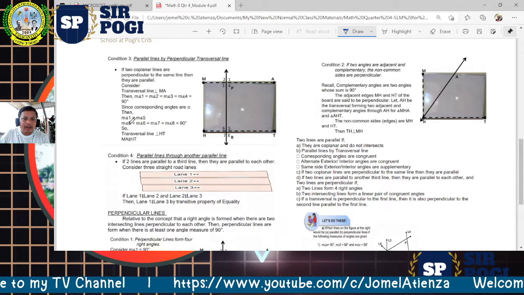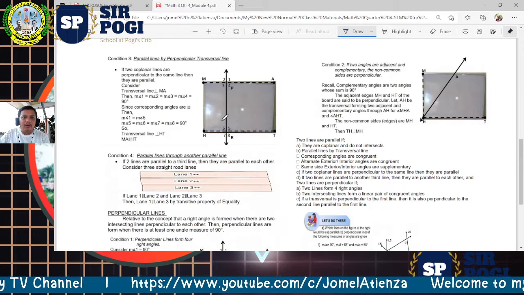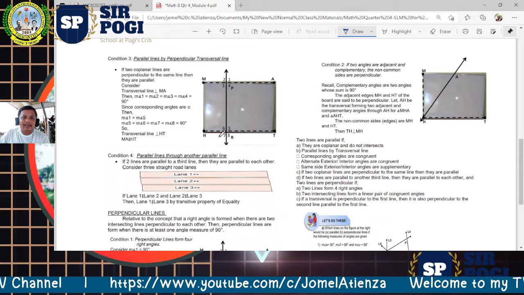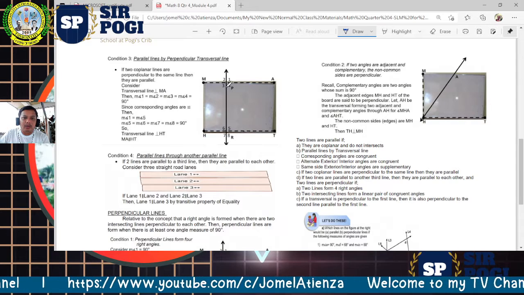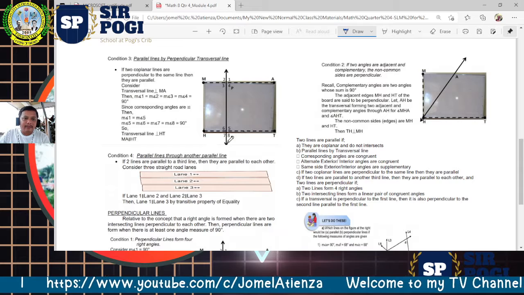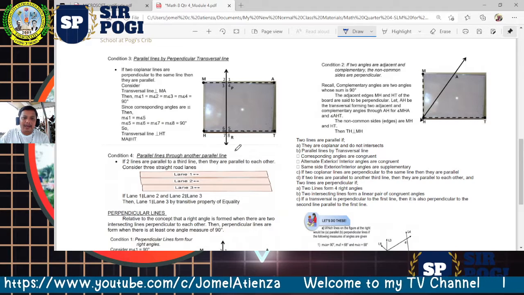Then the measure of angle 5 is equal to angles 6, 7, and 8, which are 90 degrees also. So therefore, the transversal line is perpendicular to HT. So therefore, MA is parallel to HT.